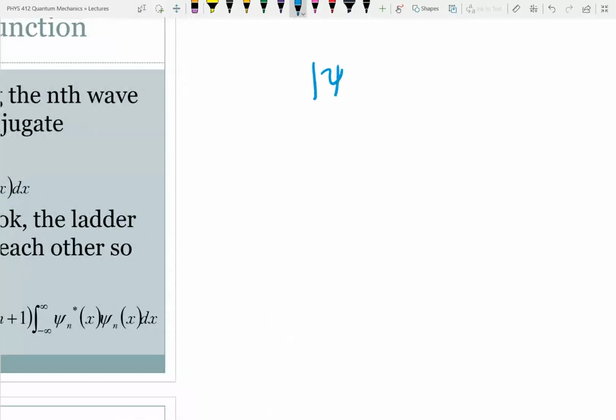If I do this, that's ket psi. That's how we say it, ket psi. And what that means, well, technically you go like this, and, well, technically this is psi of x.